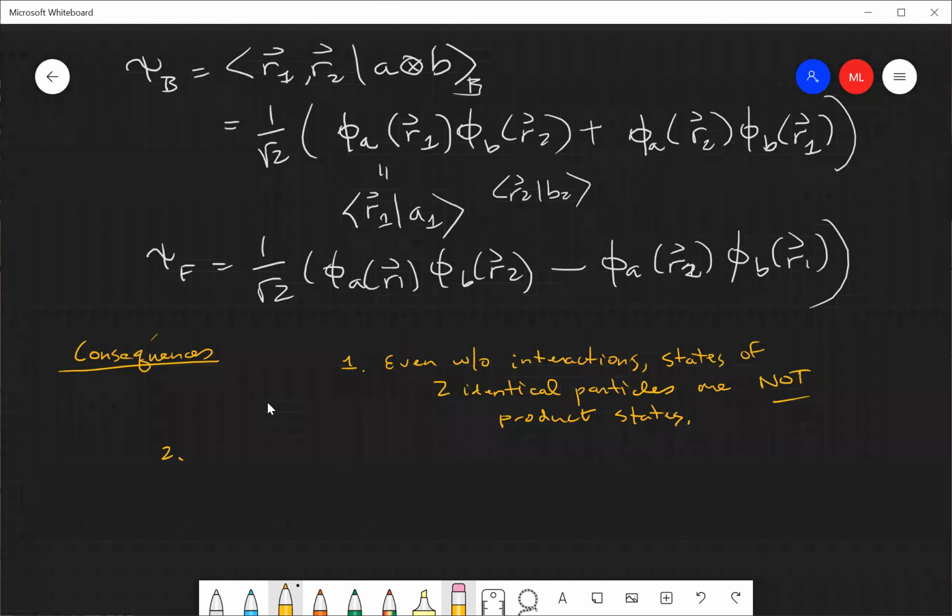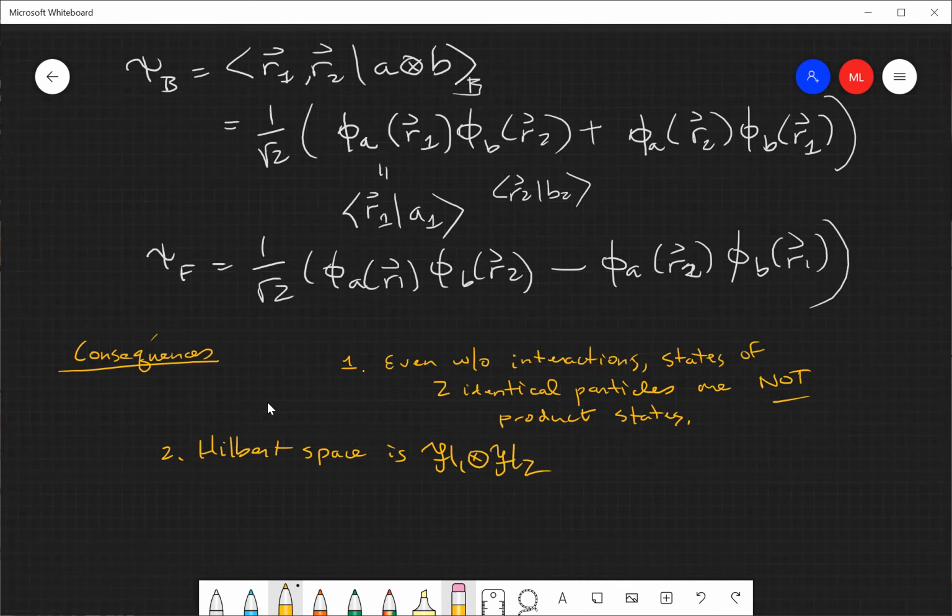The other consequence is that the Hilbert space for two identical particles is, of course, the tensor product space, but not the full set, just a subset.